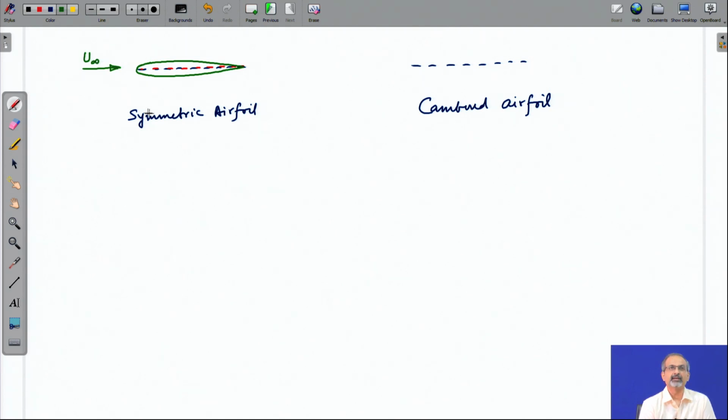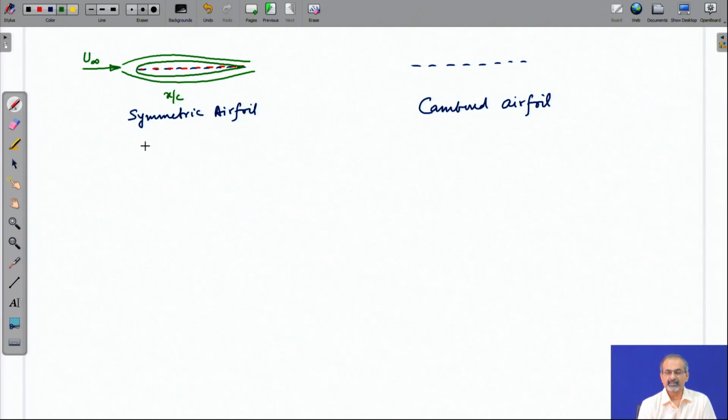So, this is like a uniform flow approaching a symmetric airfoil, and to the flow this geometry will look absolutely symmetric about the chord, and therefore, the streamline pattern will be identical above and below, or rather mirror images, and that would end up producing identical pressures on the upper and lower surface corresponding to a particular x by c.